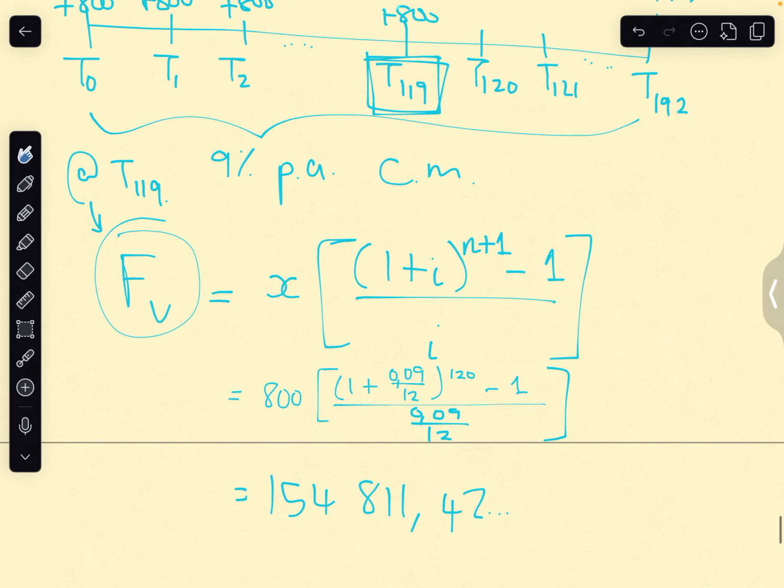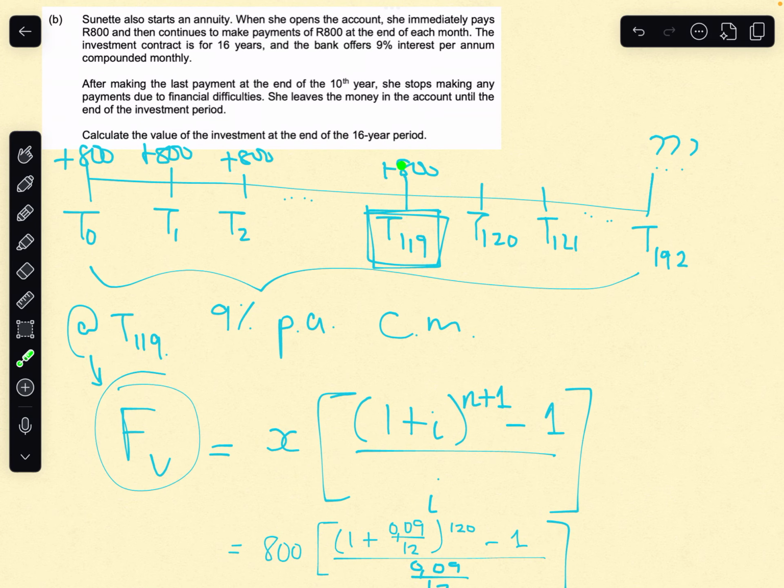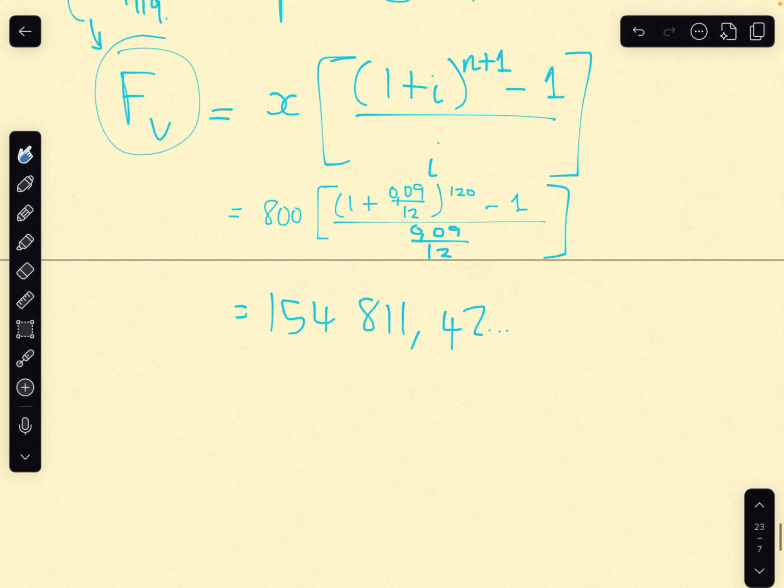Right, so that is the value of the investment over here. Then she keeps that money for the rest of the time. So that is how many months now? So this is 1 month, 2 months. So 192 minus 119 is 73 months. 73. Yes, I think that's right.